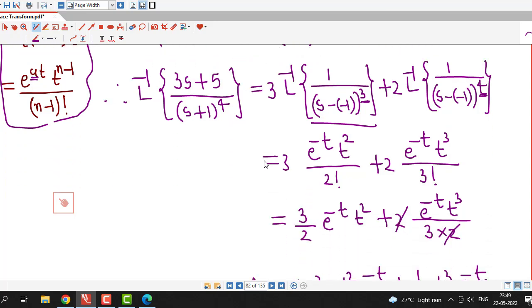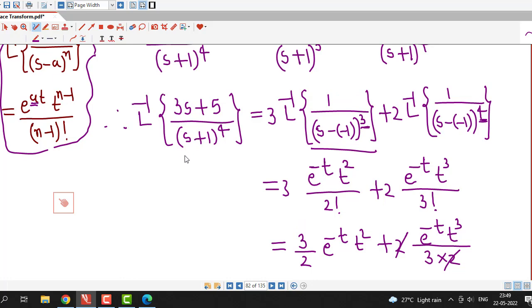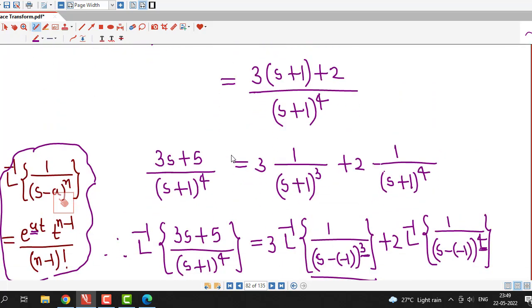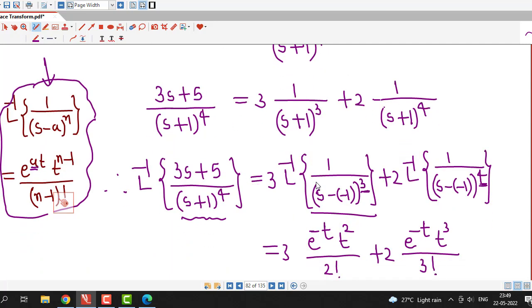Using this formula we have obtained L inverse of this function by first rewriting it in such a way that we obtain this form, 1 divided by s minus a raised to something. So here we have s plus 1, therefore we will have e raised to minus t. If you are comfortable, then you don't have to write it this way, s minus minus 1. You can simply write s plus 1.